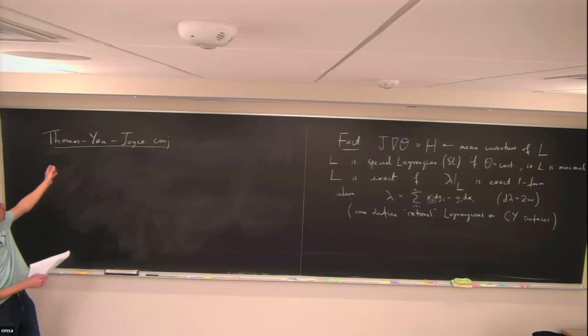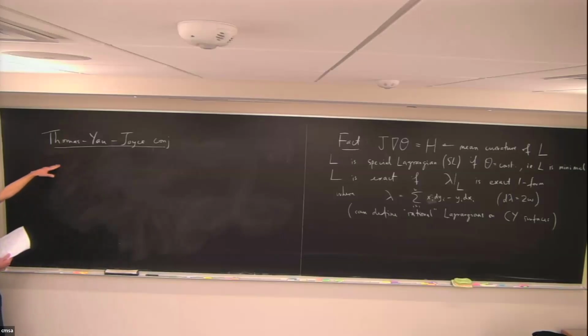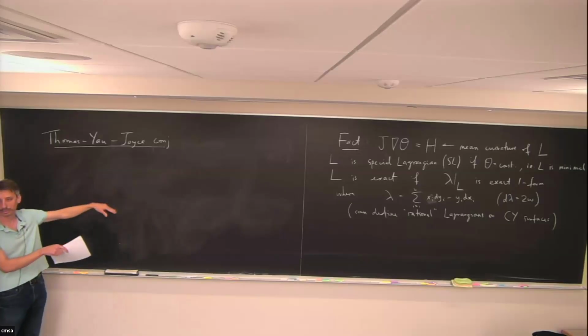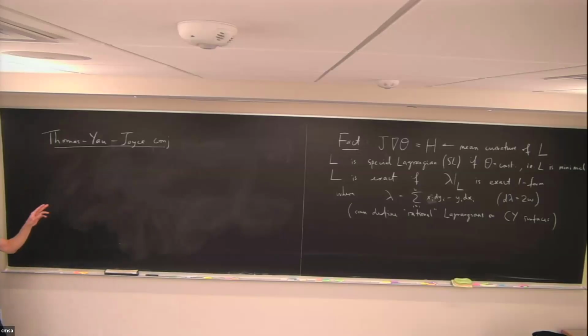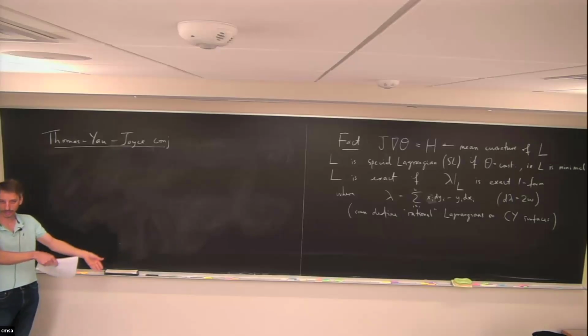Thomas had an earlier conjecture relating these two pictures, and then with Yau, they realized that the mean curvature flow is a very natural way to approach this problem. They made a conjecture saying that under some sort of stability condition, which I don't want to spend time on here, any stable Lagrangian can be deformed along the mean curvature flow to a special Lagrangian.